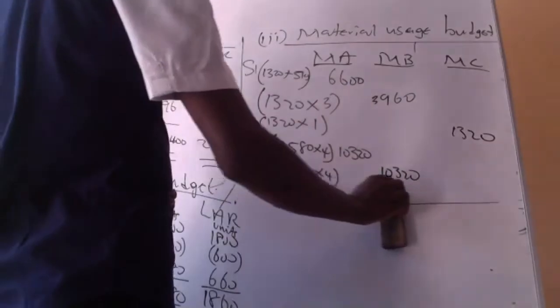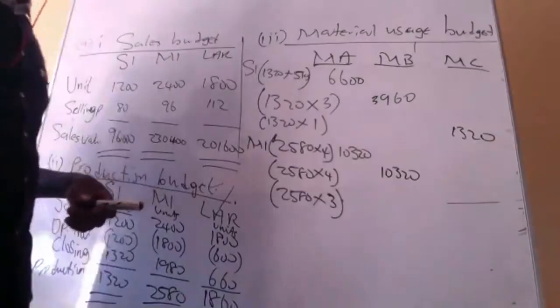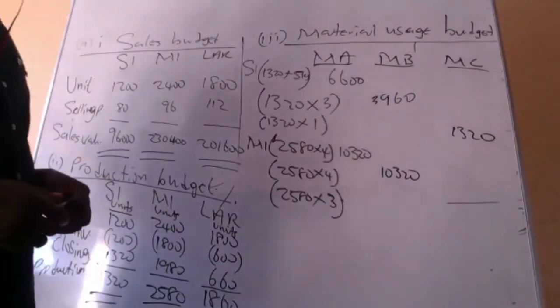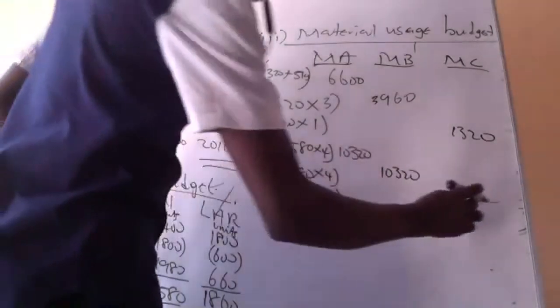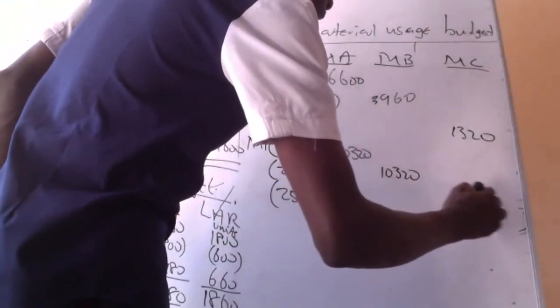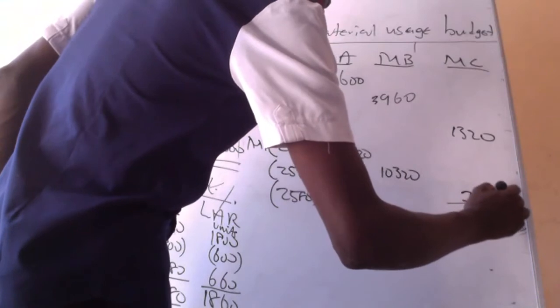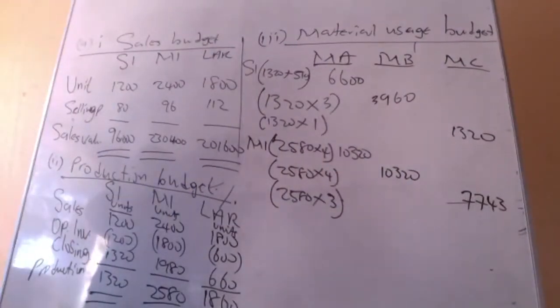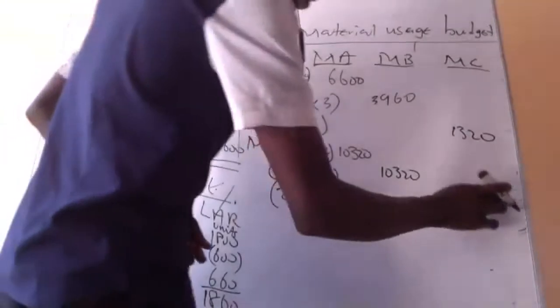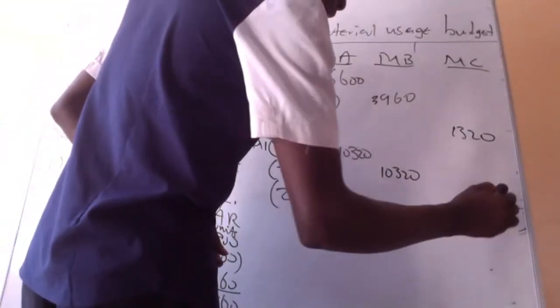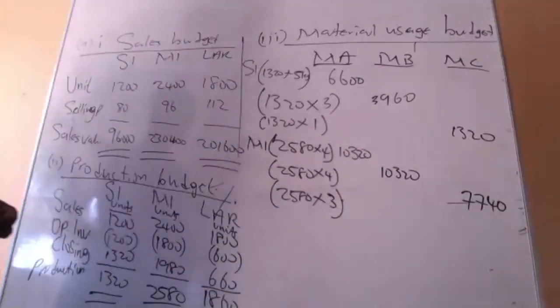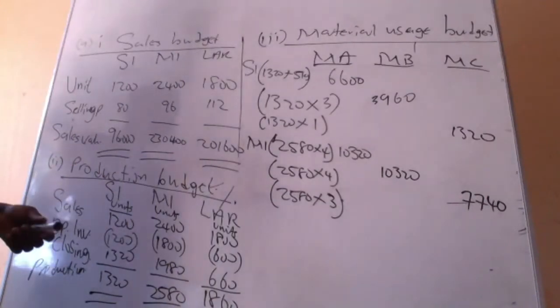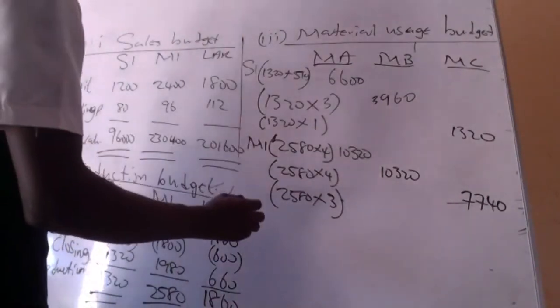And that one will be 7,743. No, 7,740, right? Yes, it has to be 0. Good. So that is it. And then the very last one, that's SI, right?